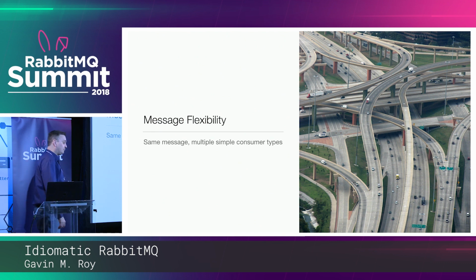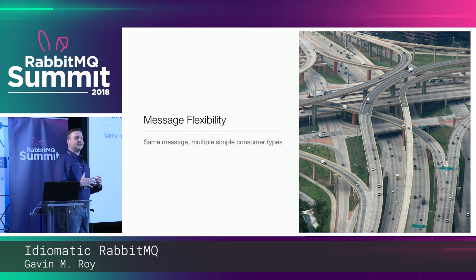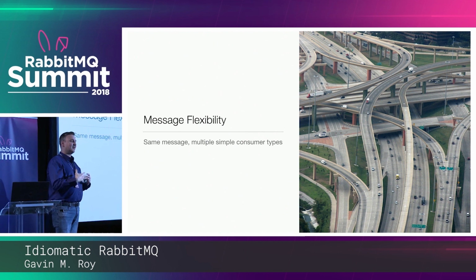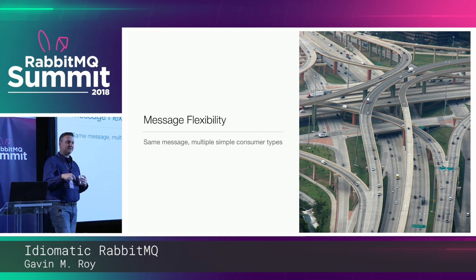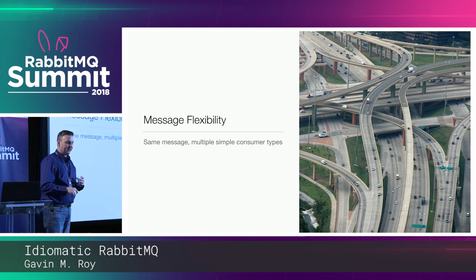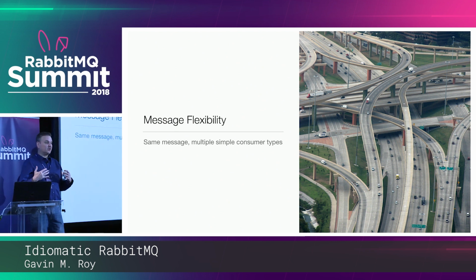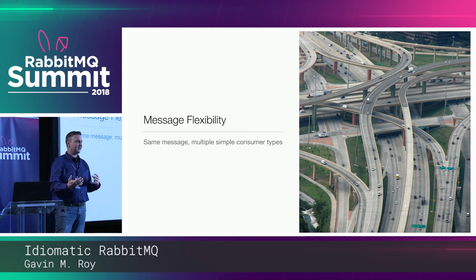Finally, by embracing this, you get flexibility in your messages. You can use them for multiple purposes. If you're not thinking about your messages beyond the scope of whatever it is that you're doing today, you're selling Rabbit short. So one of the things we do at Aweber is we think of these as events. What happened in our ecosystem of our application?